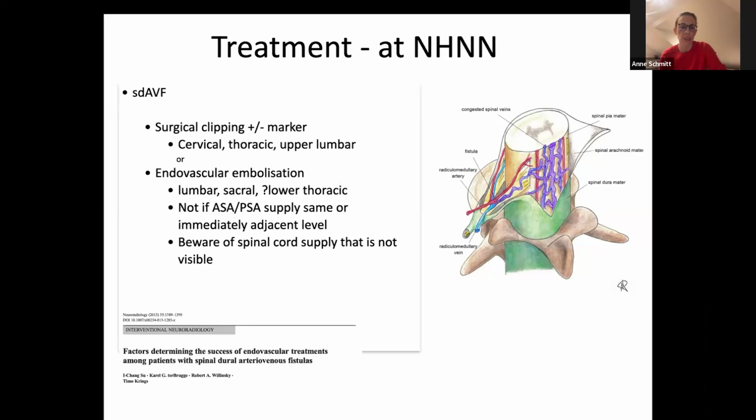So I think sometimes they are very, very difficult to see, but could theoretically cause massive complications if you inject at that level.